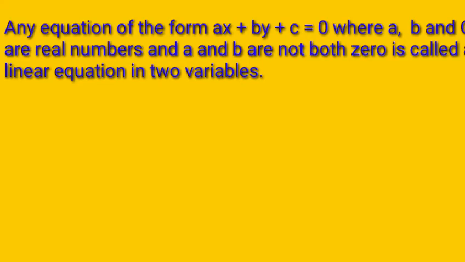Generally we can say any equation which can be put in the form ax plus by plus c is equal to 0, where a, b and c are real numbers and a and b are not both 0, is called a linear equation in two variables. Another example is 2x plus 3y is equal to 4. Here x and y are the variables.